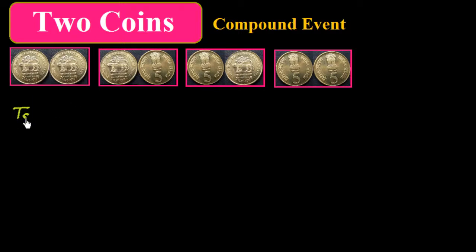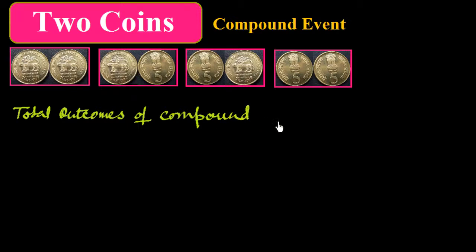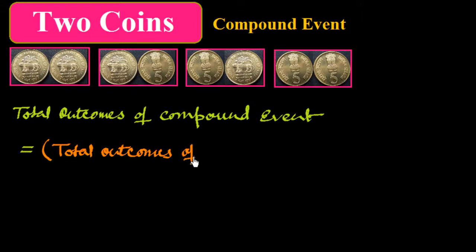Total outcomes of a compound event is equal to total outcomes of a simple event to the power of the number of events.